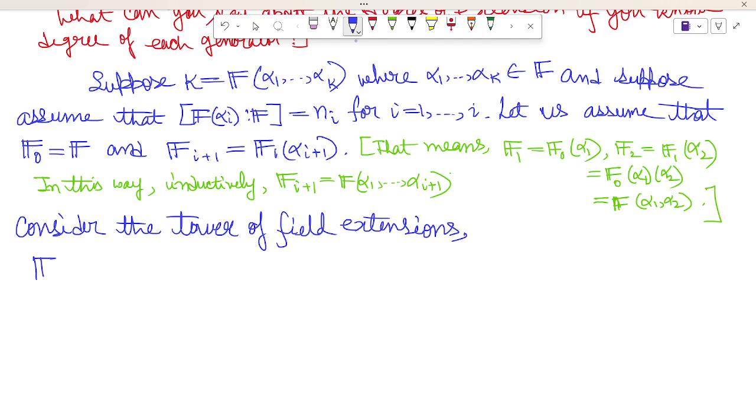First one comes F, which is F0, then comes F1, then comes F2. It ends where? Last is Fk, which is K. Okay.